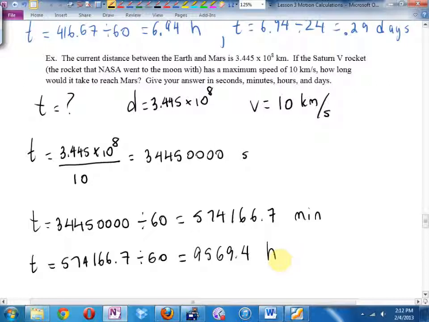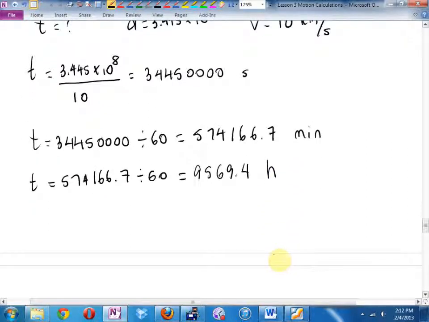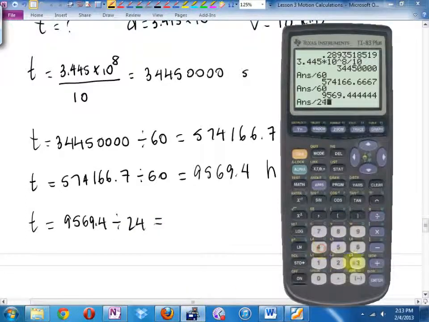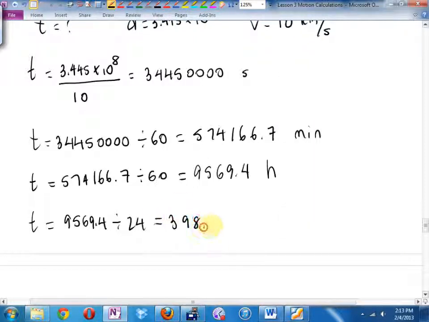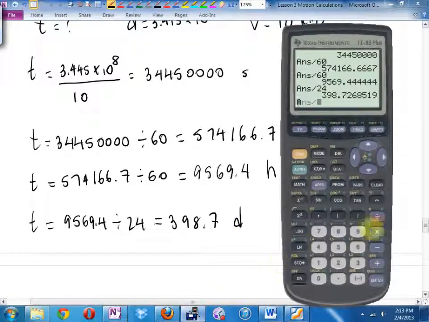How many days is that? Divide by 24. How many years is that? How would I change that into years? Oh, divide by 365? I'm just curious.